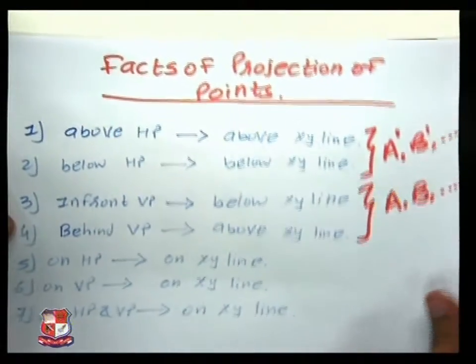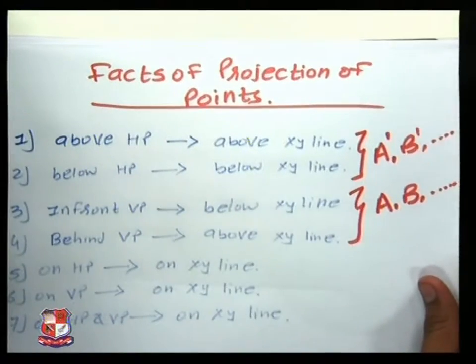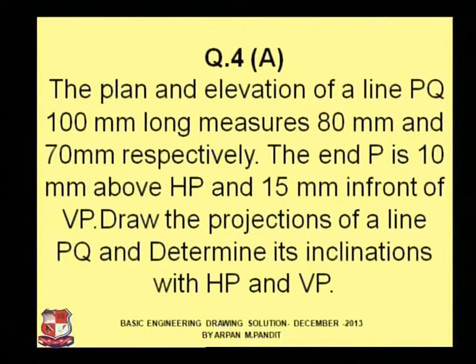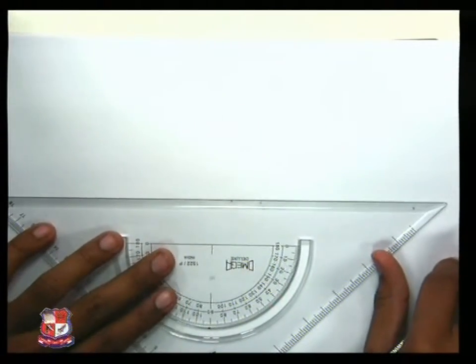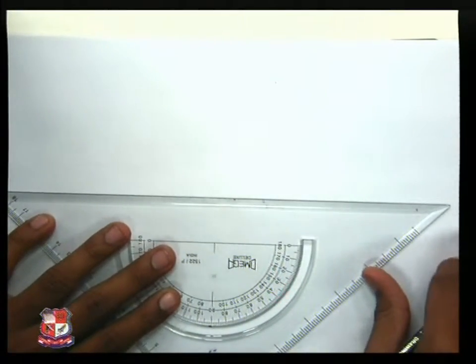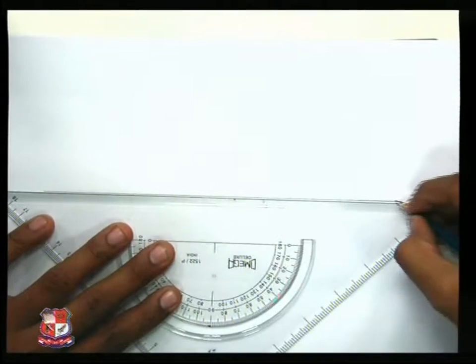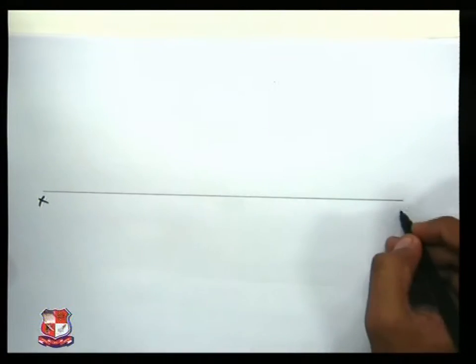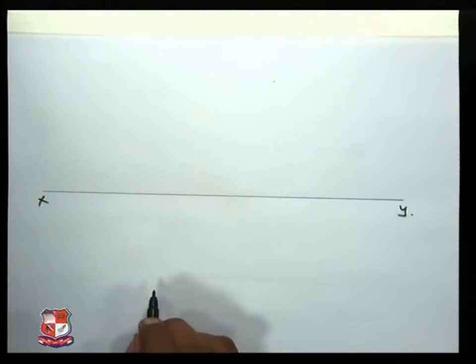Now let's see how these projections of a point can be plotted. First of all, let's draw a reference XY line. This is a reference XY line.